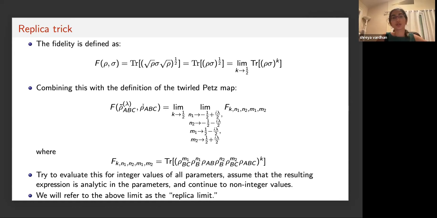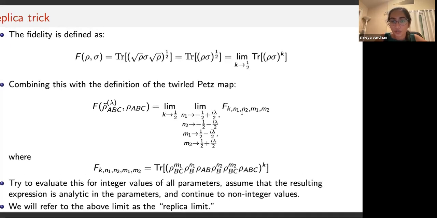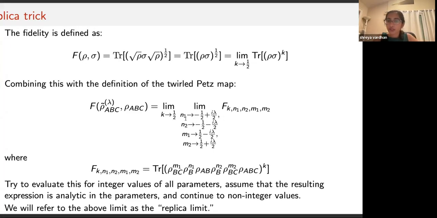So you recall, now we want to calculate the fidelity between the particular states rho ABC and rho tilde ABC. And the definition of rho tilde involved various powers of -1/2 plus i lambda over 2 and plus 1/2 minus i lambda over 2, etc. So we also introduce a replica trick for each of these powers and replace them with some integers.